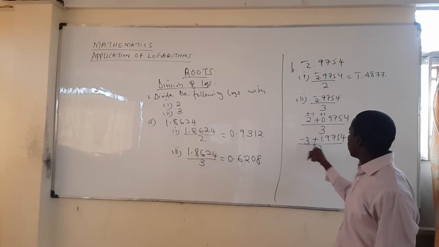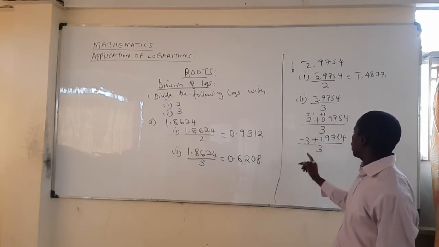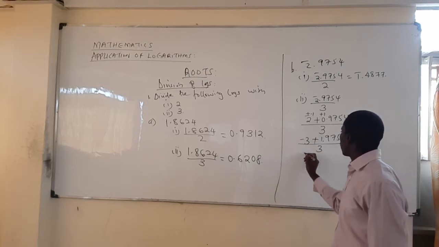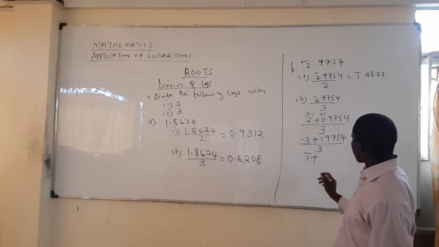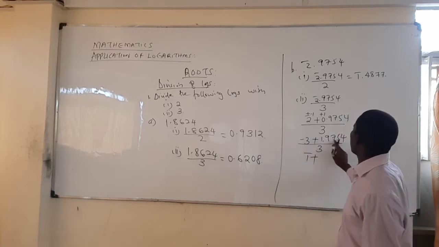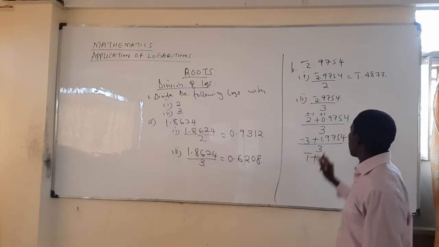Bar 3 divided by 3 is bar 1, plus 1.9754 divided by 3.